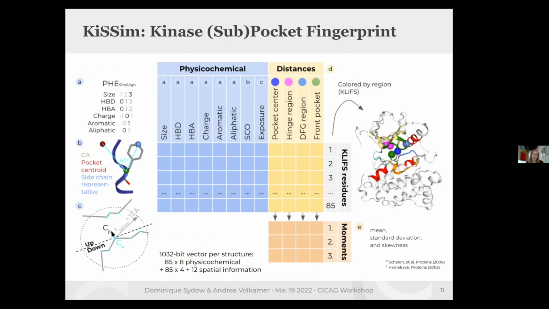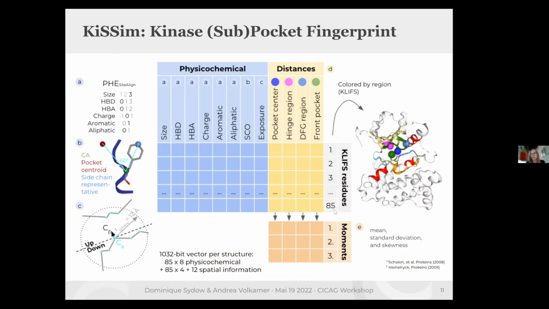Then, as I said, we developed KiSSim, the kinase pocket fingerprint, because we believe or we know that sequence alone is not enough to compare proteins. Often structure is more conserved. So as a complement for the Manning kinome tree, we wanted a structure-based tree, so a KiSSim tree. And what we do is we again heavily rely on the KLIFS annotation.